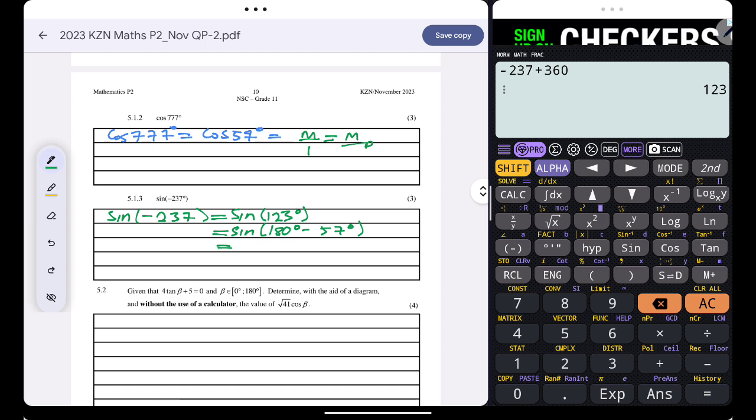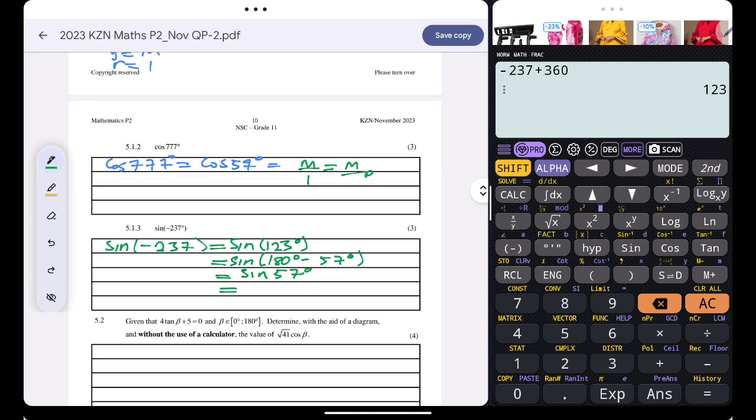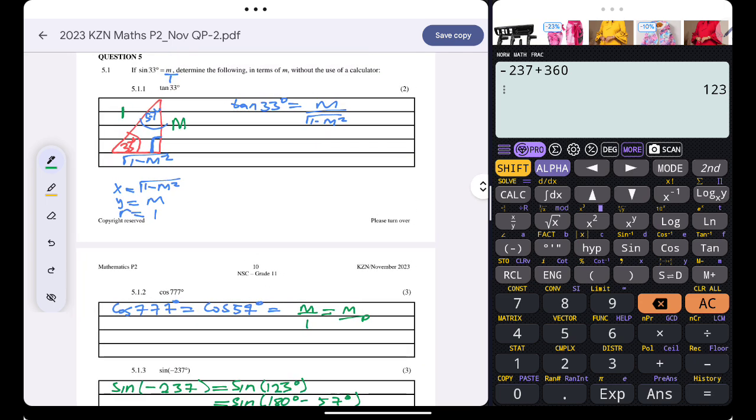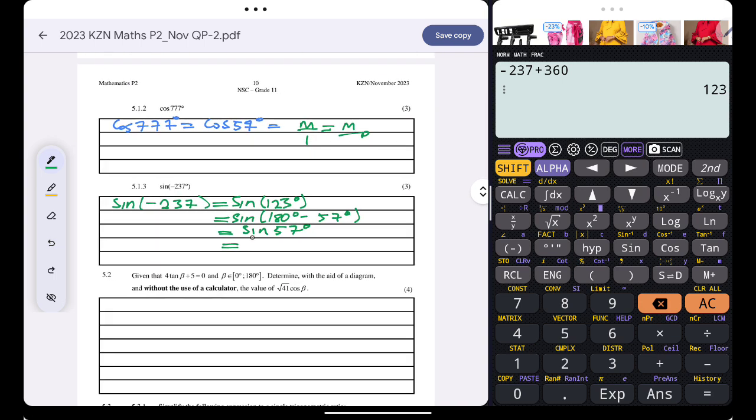Sine is positive in the second quadrant, so I'll simply have the sine of 57 degrees. Sine of 57 degrees, I go to my right angle triangle. There is 57. Which side is opposite 57? It is the square root of 1 minus m squared all over 1. So this will be the sine of negative 237.